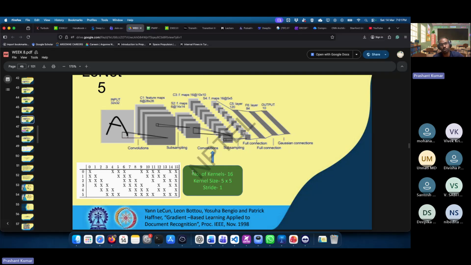But let's say you have your own images and you want to do some kind of classification, then you have to understand your data. How the data is acting, what kind of features are there, what kind of kernel you need, how many convolution layers you need.